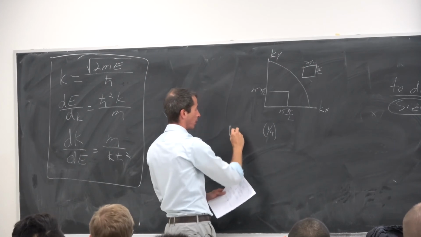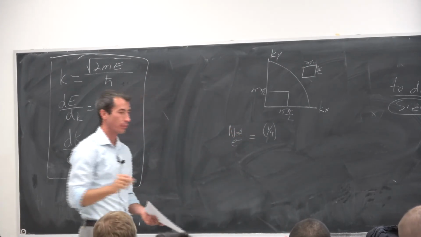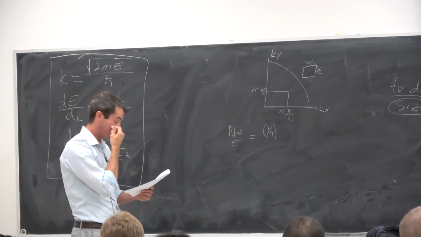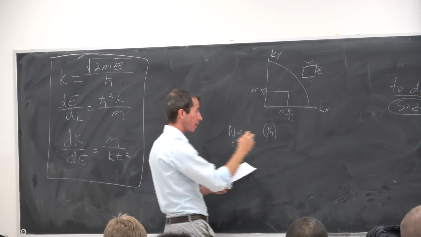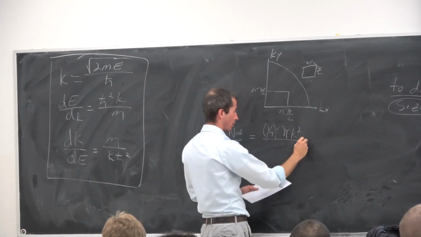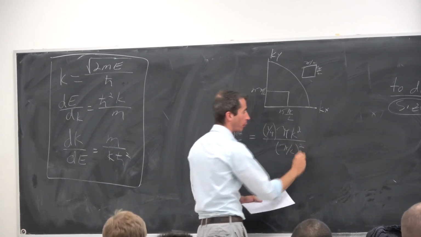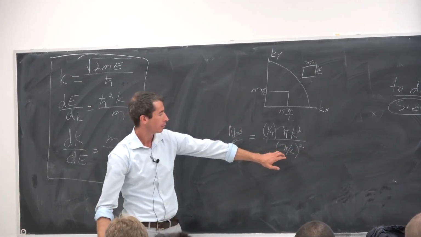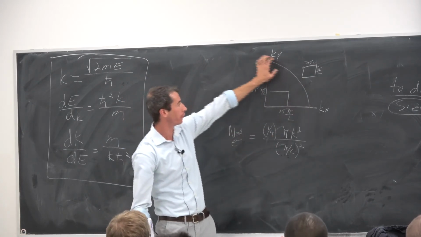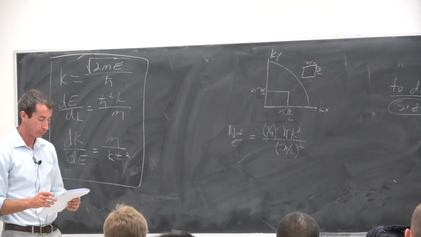I should be more precise with my language. This is indeed the number of electrons, which is 1/4 pi k squared over pi over L squared. Okay? Area of one cell, over the area of this quarter circle.